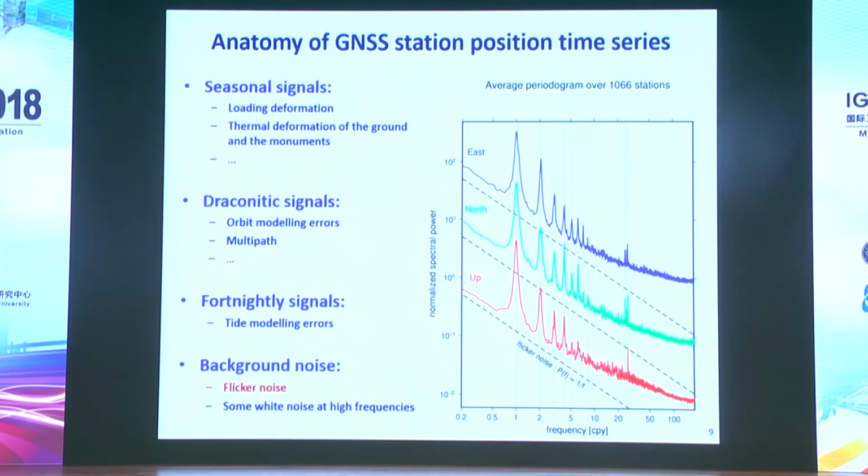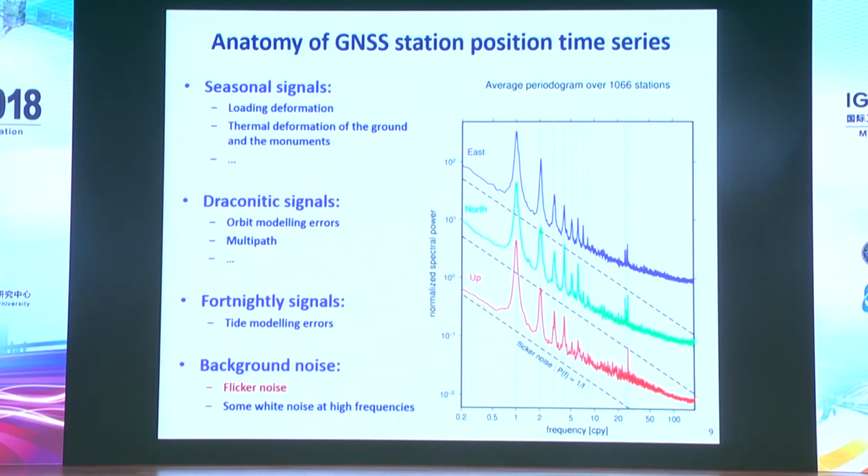Now, below all those spectral peaks, the continuous part of the spectra characterizes the aperiodic variations in the time series, or the background noise. We can see that this background noise follows quite well the behavior of flicker noise at low frequencies. And then at higher frequencies, the spectra flatten, which indicates the presence of additional white noise in the series.